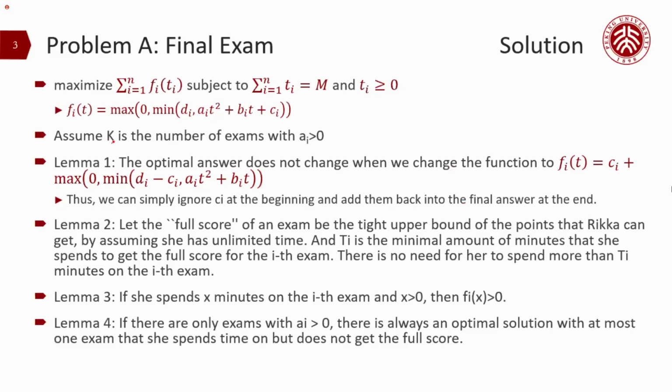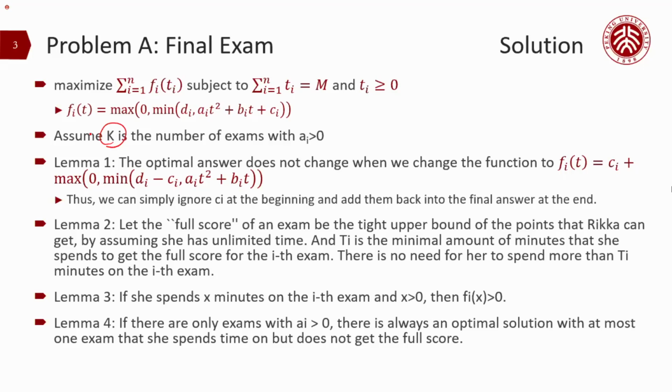We assume K is the number of exams with a positive coefficient for the quadratic term, and then we can derive a few properties for this function. You can ignore the details, but you can ask the problem setters for the detailed analysis. Here in this session, I will just briefly go through the lemmas.